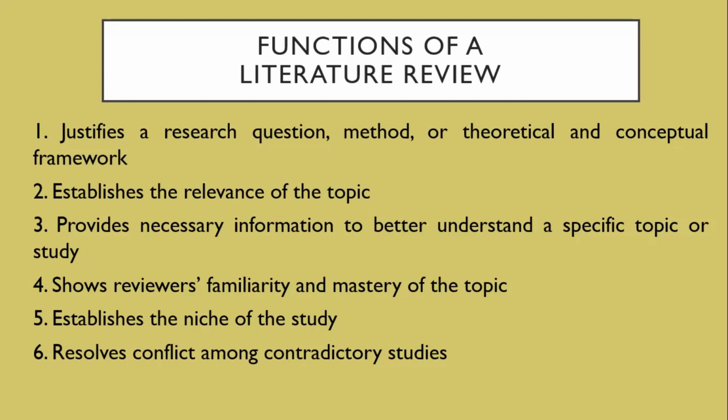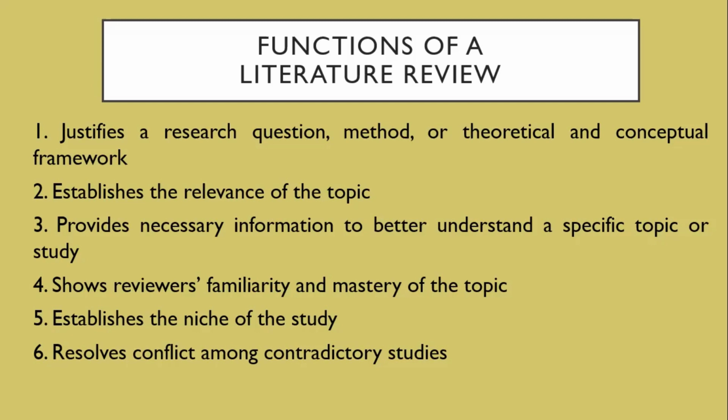Number three, provides necessary information to better understand a specific topic or study. So it gives adequate information about the topics you are going to explore in your research investigation. Number four, it shows reviewers' familiarity and mastery of the topic.